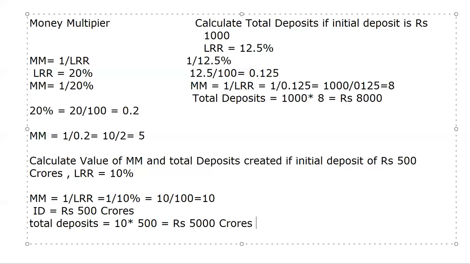Okay. We'll do one more example here. Some different. Fourth example. Suppose you are given total deposits. You have been given the value of total deposits. In short, I'm writing this TD. Total deposits are equal to 12,000 crores.